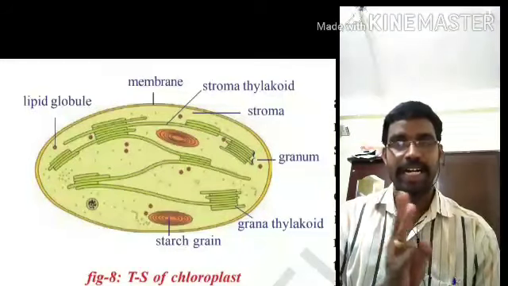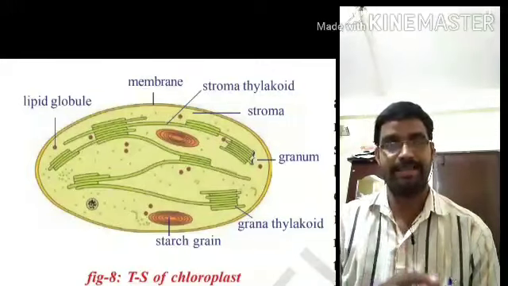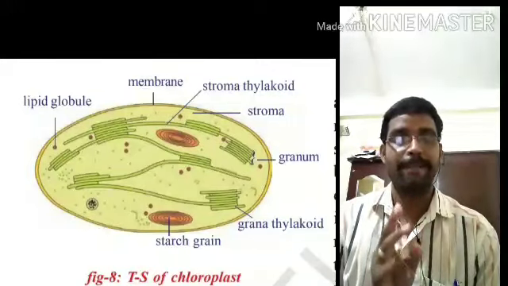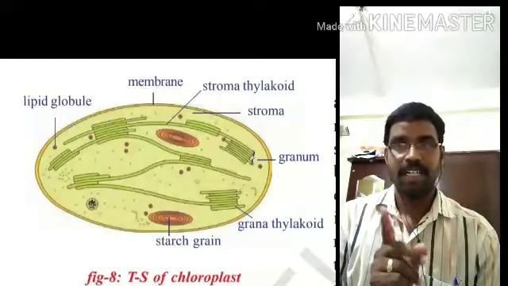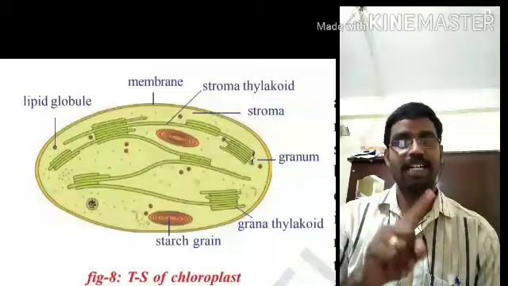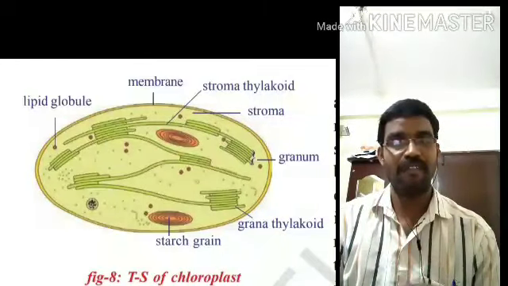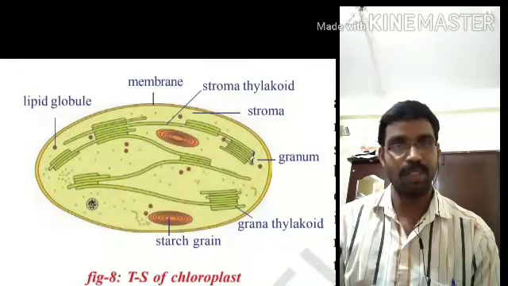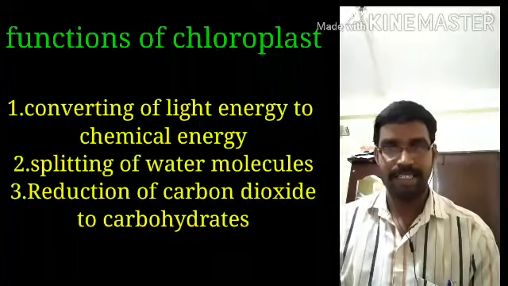And third, reduction of carbon dioxide to carbohydrates. These are the main important points for chloroplast.